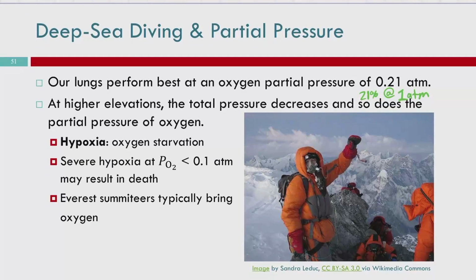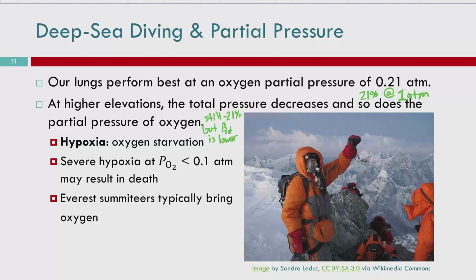If you go higher into the mountains, at higher elevations, the total pressure decreases, the percent doesn't change, the pressure drops, and so the partial pressure of oxygen also drops. It's still about 21%, but the total pressure is lower, and this gets more and more severe the further up you go.